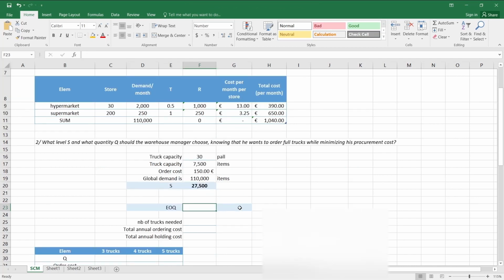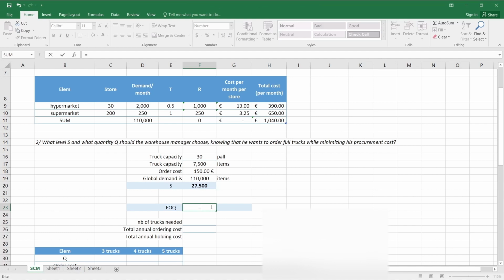Now for the economic order quantity, the formula is simply the square root of 2 times the monthly demand times the ordering costs divided by the holding cost. Okay, so let's calculate the first part of the equation.